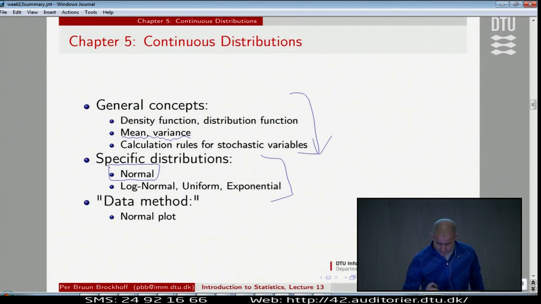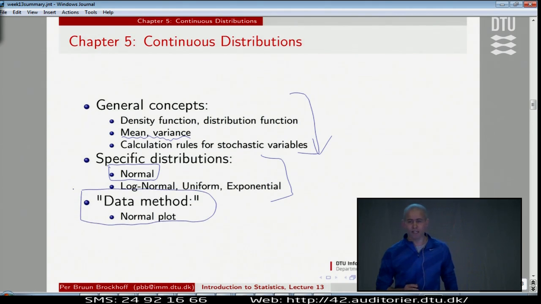And then in chapter 5, we learned, you could say, the first, I call it here, data method, really at least linked to the probability thing. We learned that we could plot the data to see whether it actually looks as if it comes from a normal distribution. We had this QQ plot such that we could check whether data, if you took some real data, you could make a plot and see if it's on a line, at least almost.